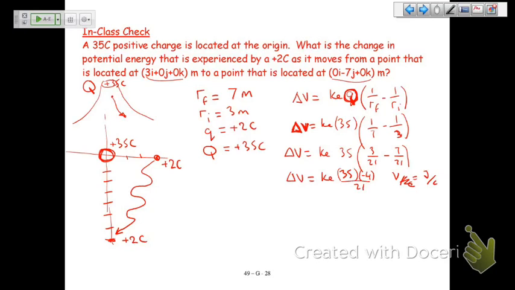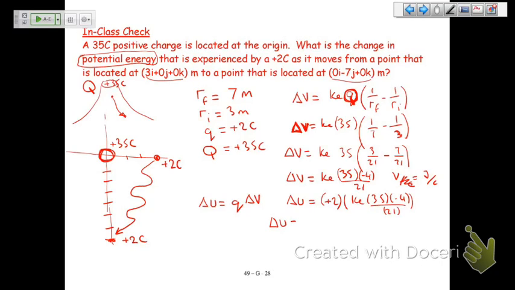Okay? So delta U is equal to q times delta V. So delta U, which is what I want, the change in potential energy, not potential, but potential energy, is equal to plus 2 times KE times 35 times minus 4 over 21.